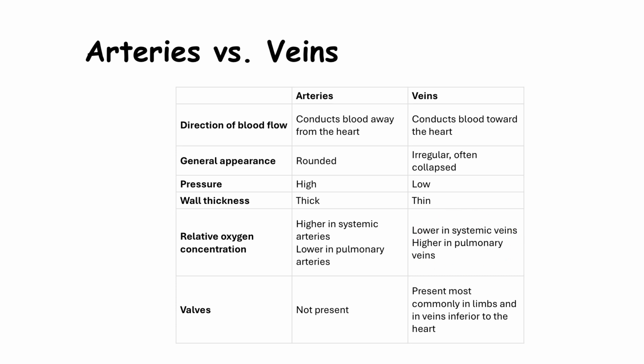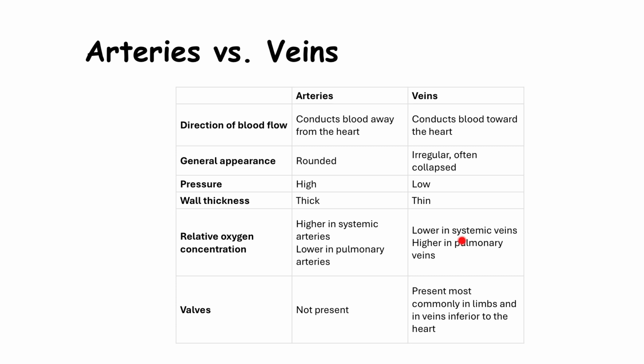And the difference, though, is that in the heart blood flow itself, the pulmonary trunk is actually an artery, and that is going to be the exception to the rule. The pulmonary trunk has lower oxygen because that is the artery that brings blood away from the heart, but it's bringing blood to the lungs to be oxygenated.